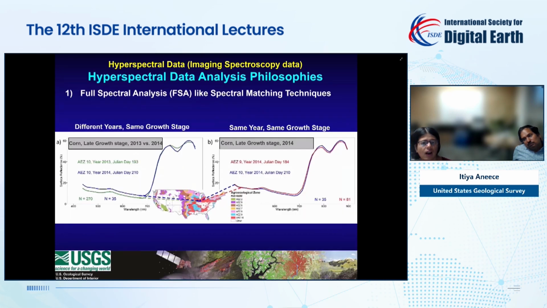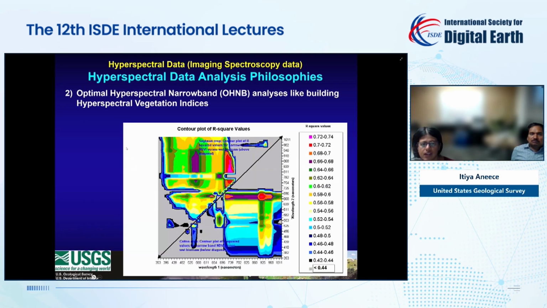Now we can use entire spectral profiles for full spectral analyses, one example of which is spectral matching techniques, which Partha mentioned. For this full spectral analysis, we look at the shape of the entire spectral profile and match it to our reference spectral profiles, for example. So that's one philosophy. The second philosophy for using hyperspectral data is selecting optimal hyperspectral narrowbands, or OHNBs, for analyses.